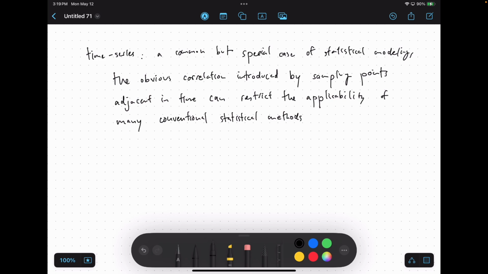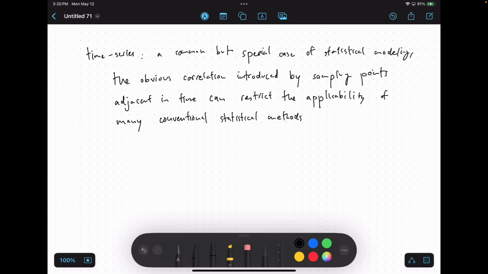A lot of the specific techniques regarding time series have to do with these common issues interrupting the types of assumptions that you would make in simpler models, and dealing with that, right?